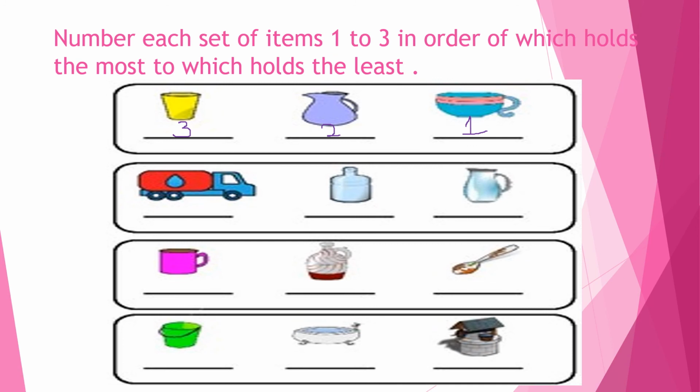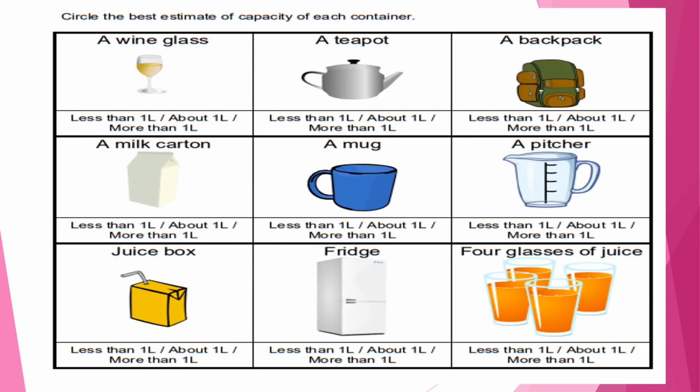Let's go to the next worksheet. The instruction here says circle the best estimate of capacity of each container. The first one we have here is a wine glass. Now we have 3 options here.